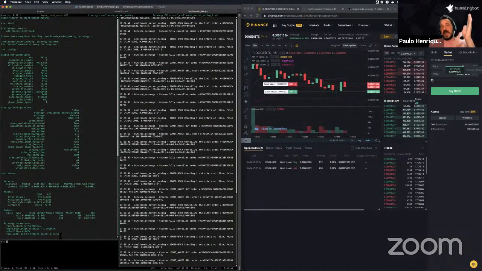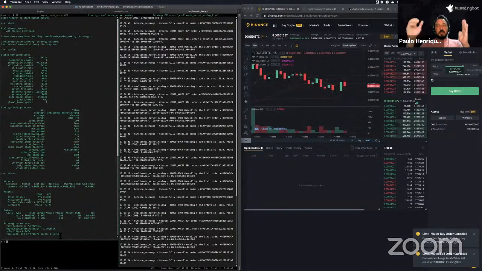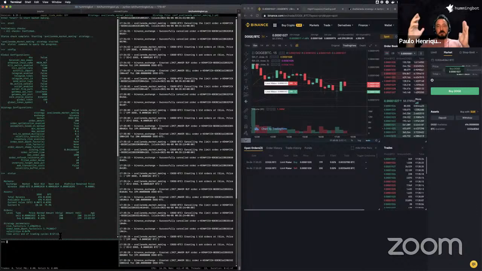And at the end of that trading day, the ideal situation for him is to close the day with the same ratio in his inventory, the same proportion as he started. So that's one of the basic ideas the model wants to achieve.